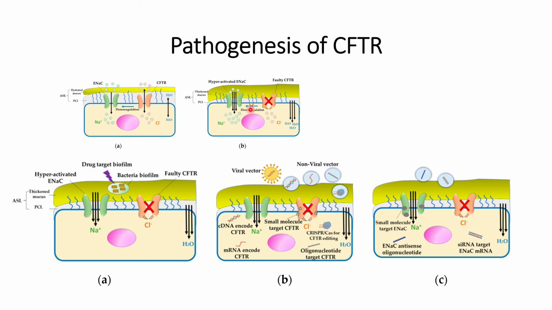Because of this, the mucus will not be able to perform its function, as the mucus is thickened and not hydrated. How can this be addressed? The first is that this problem occurs because of the formation of a bacterial layer that prevents the normal functioning of this chlorine channel.